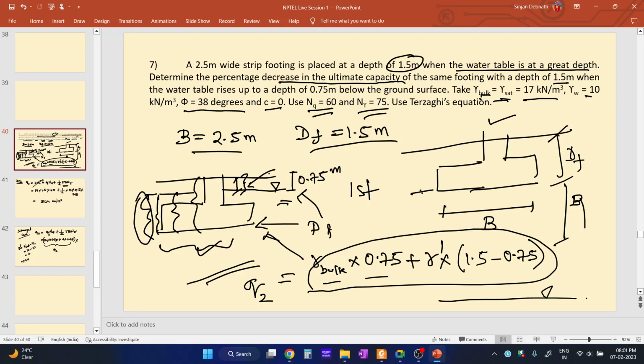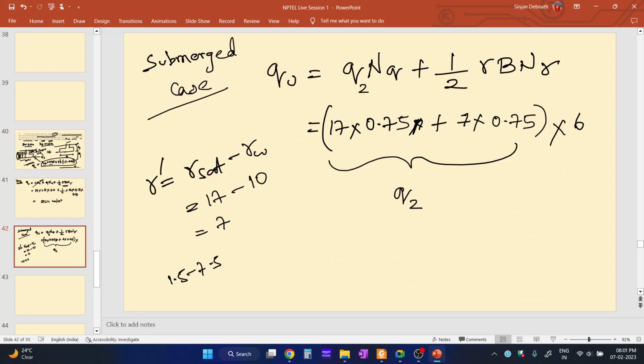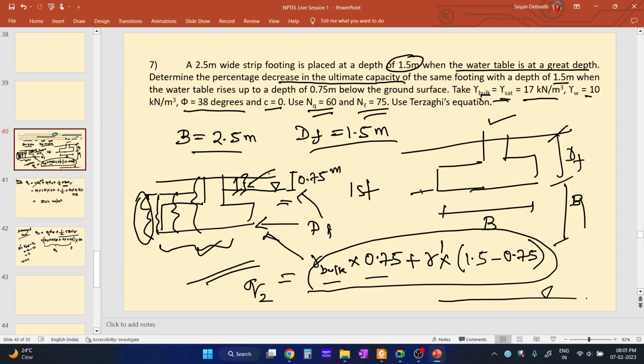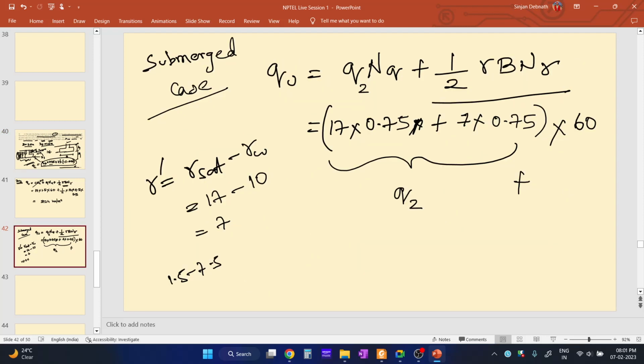The value of NQ is 60. So it is 60 plus this part. The third part, since this part is totally submerged, for the third part we will use submerged unit weight. So half into submerged is 7.